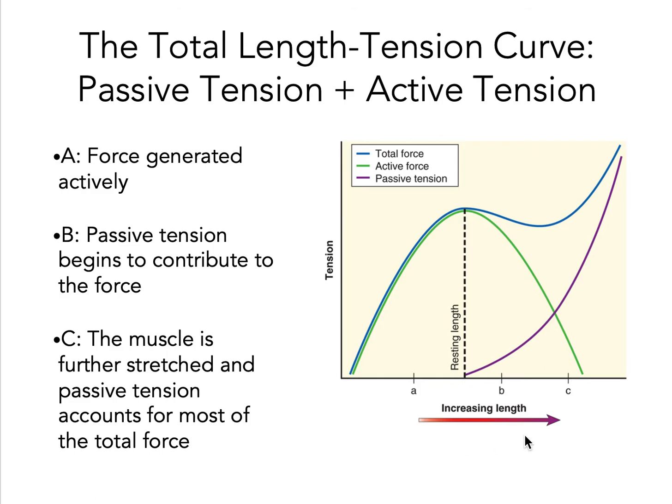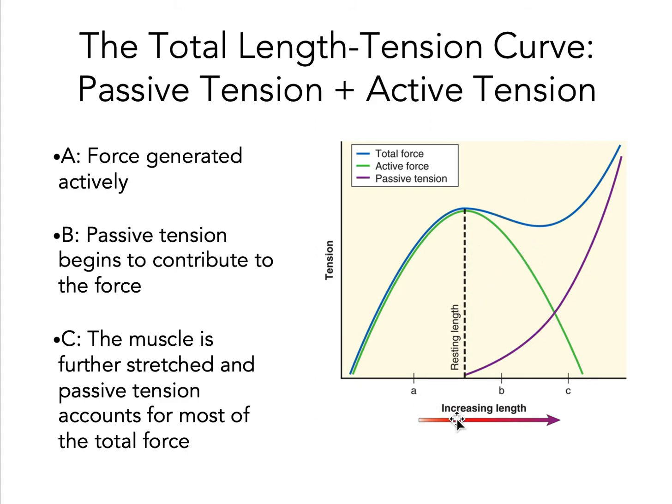So once again, on the x-axis, we're looking at increasing the length of the muscle, and on the y-axis, we're looking at increasing tension or production of force of the muscle. Passive tension contributing to the curve allows the muscle to maintain high levels of force, even as the muscle is stretched to a point at which its active force generation is compromised. High levels of passive tension are more apparent in muscles crossing multiple joints.